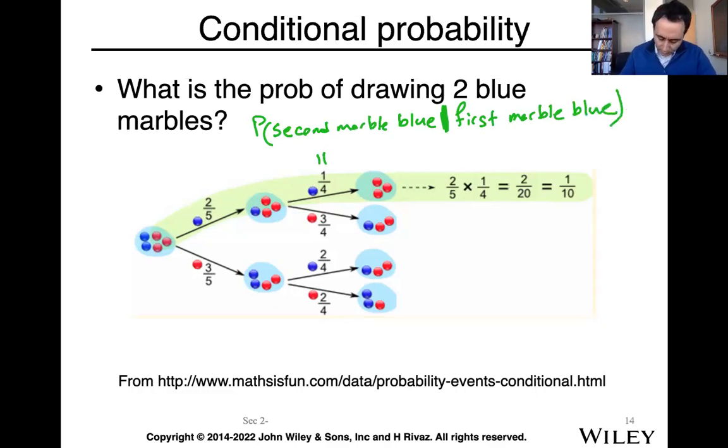Always keep that in mind, that when you draw these trees, these numbers all represent conditional probabilities, right? And we know intuitively, to find the probability of this and this, what we have to do is to multiply these probabilities, right? 2 divided by 5 times 1 divided by 4. So the probability of drawing 2 blue marbles without replacement is 1 divided by 10 in this case, right?